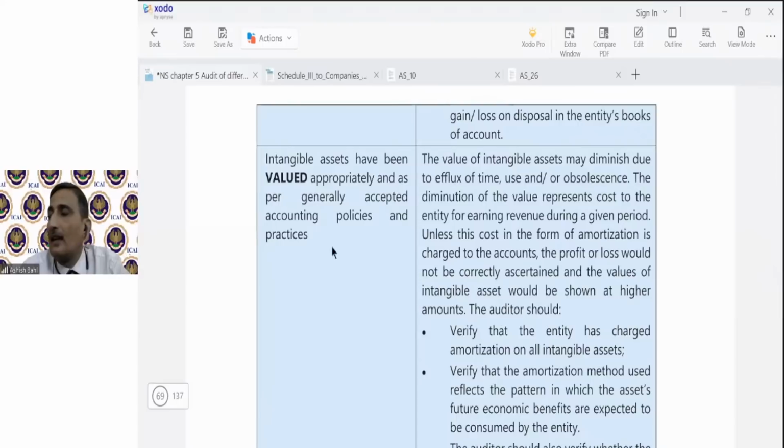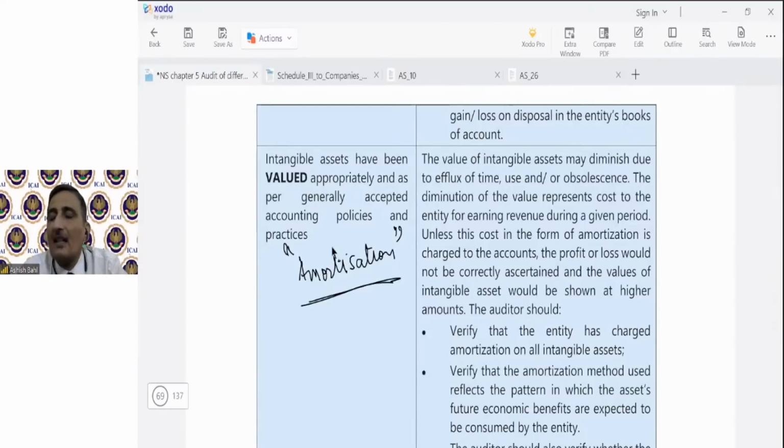So again, students, intangible assets as per AS 26 have to be properly valued. Like in case of PPE items, there is a charge of depreciation. Similarly, in case of intangible assets, we use the term amortization.